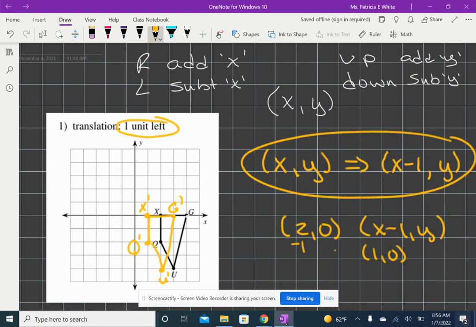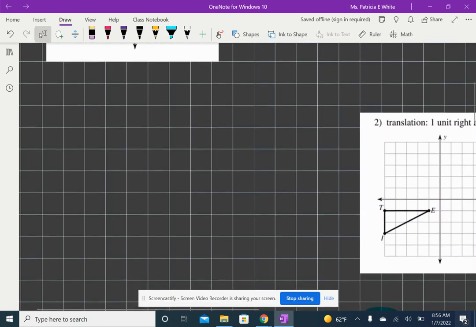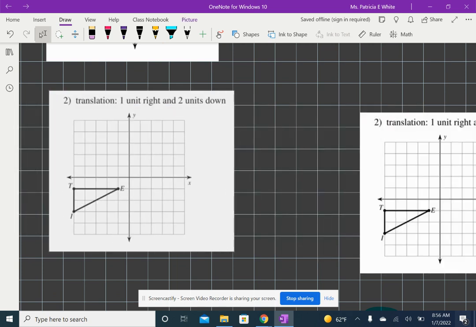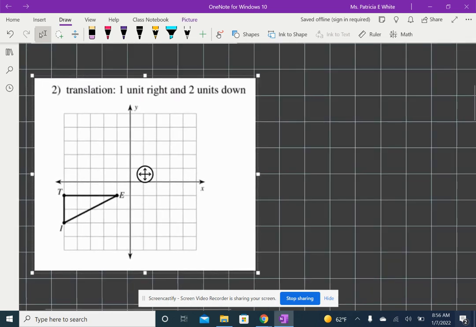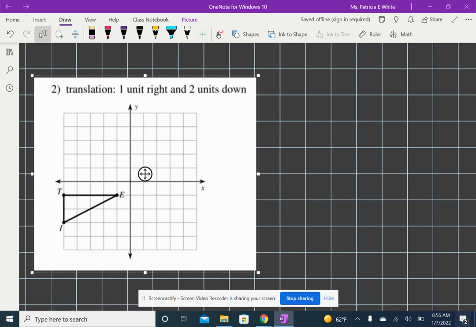And that is your g prime, I'm sorry, your x prime. Okay? All right, let's try problem 2. After I do problem 2, I'm going to have you stop and work problem 3 and 4. So what do I do with problem 2?